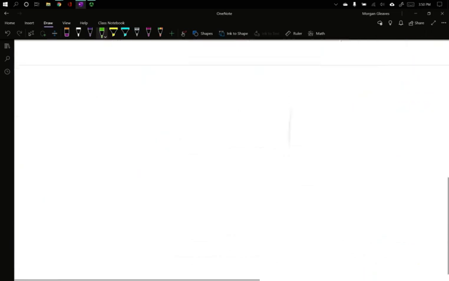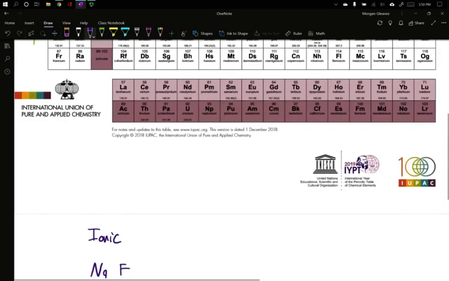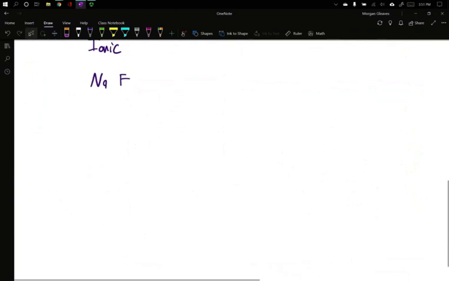Let's scroll down and talk about bonding again. If we think about ionic bonding, well, let's say I had a sodium and I had a fluorine. Well, sodium, it's down here. It's actually somewhere around like 1.8. So I have something that has a 1.8 electronegativity.